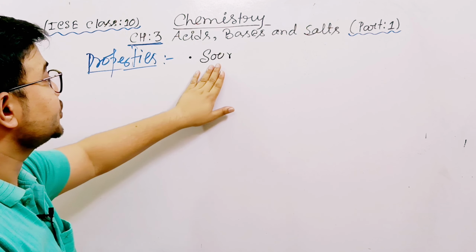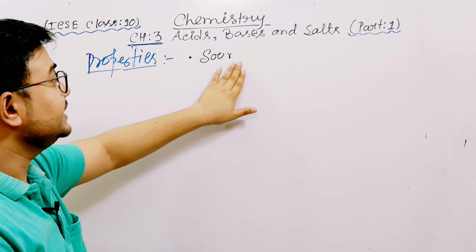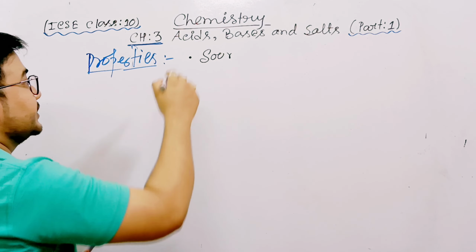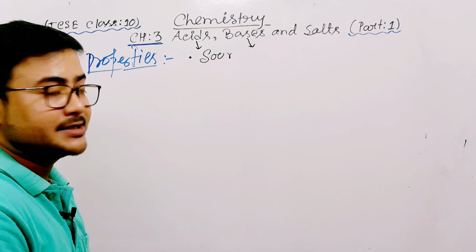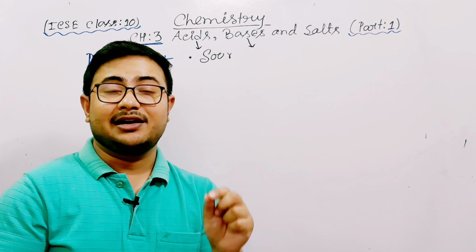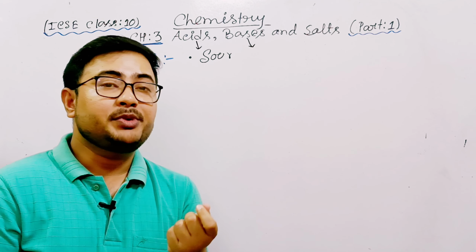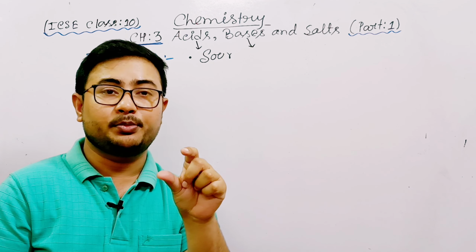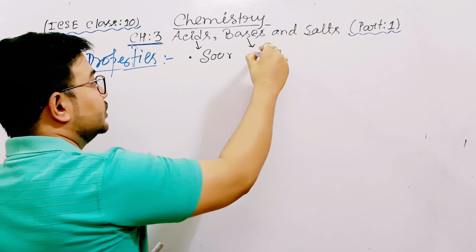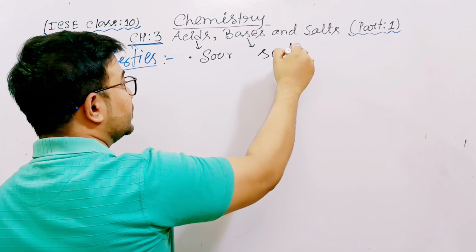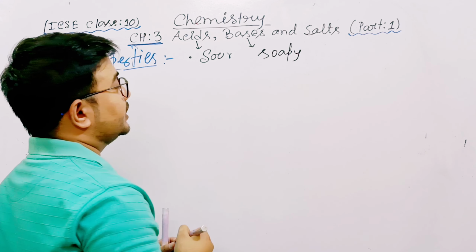Acid is sour in taste, whereas bases are soapy in nature. Soapy in nature means whenever you touch soap you feel a slippery effect. So bases are soapy in nature.